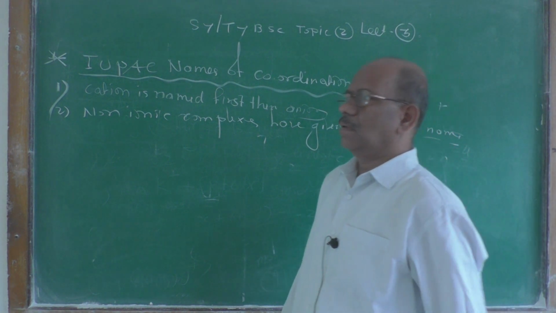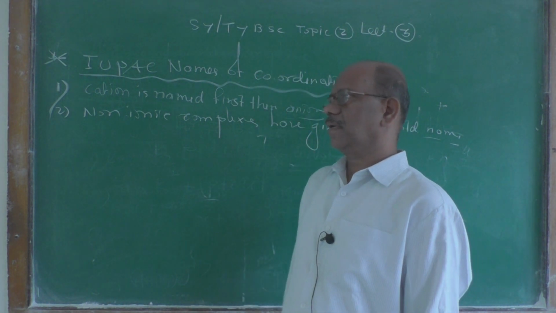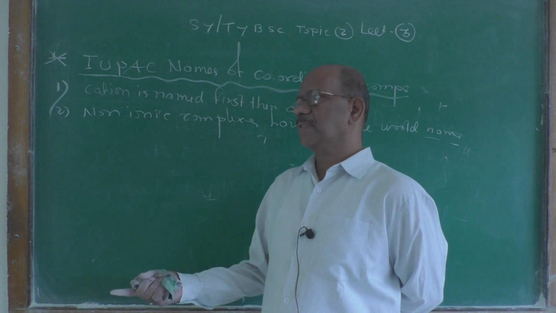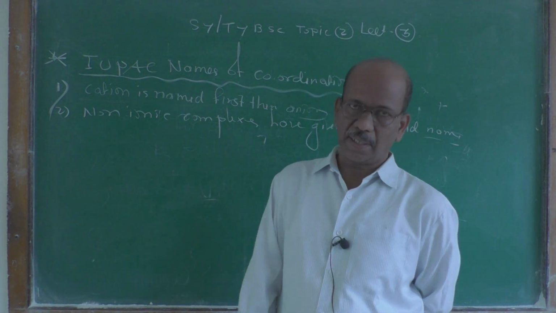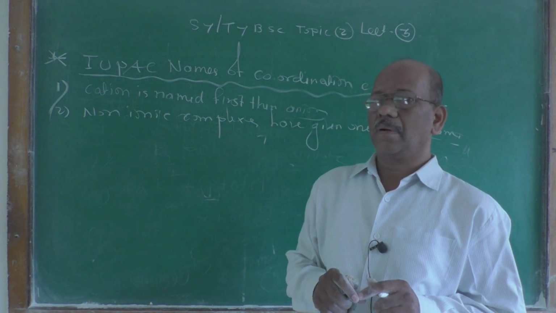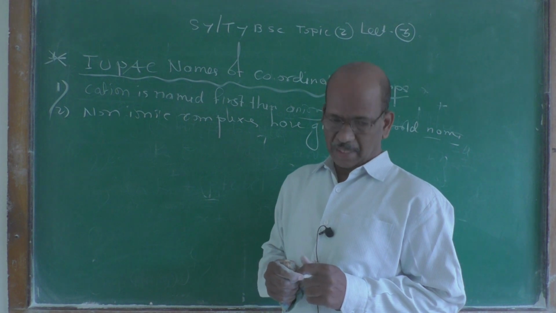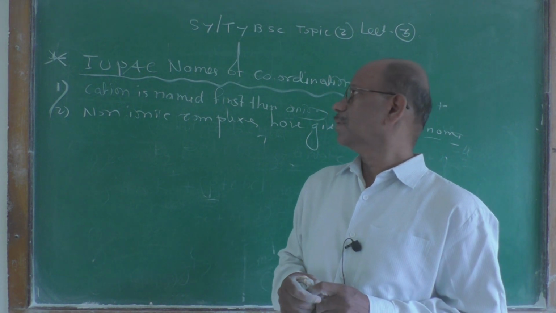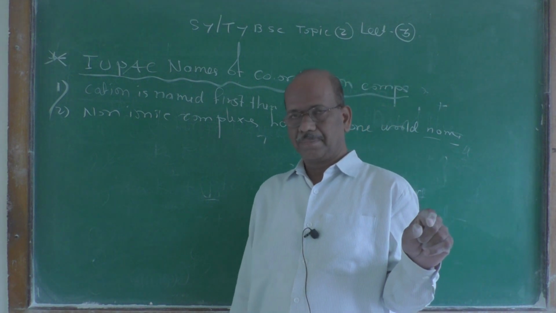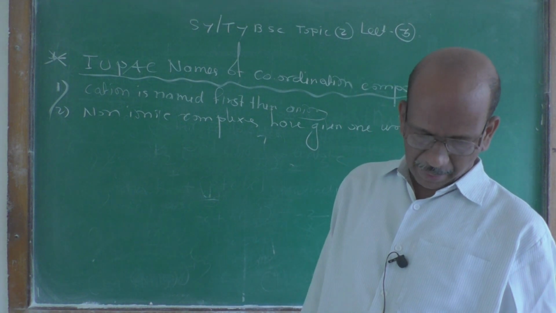Means the complex does not contain an additional radical either on the left side or on the right side. Only in the square bracket the complex is present. Then for this purpose we have to give a single name, only a single name.